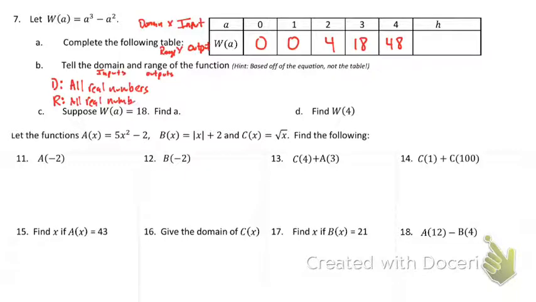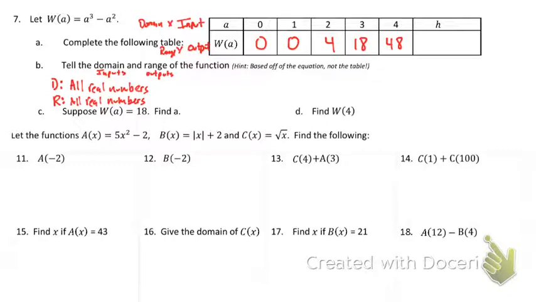And it's kind of easy to see on the table, because if you look, we're getting all types of numbers as our output, which tells us we pretty much can get any output. We could get any number in our output. So our domain is all real numbers and our range is all real numbers.